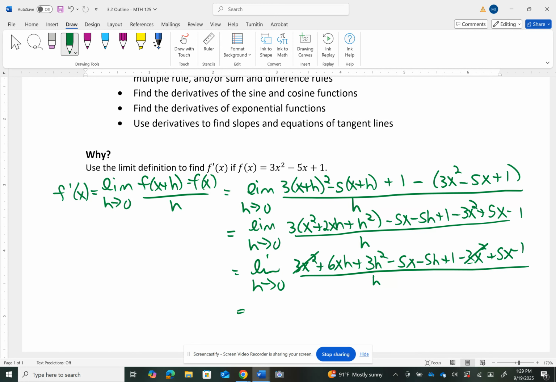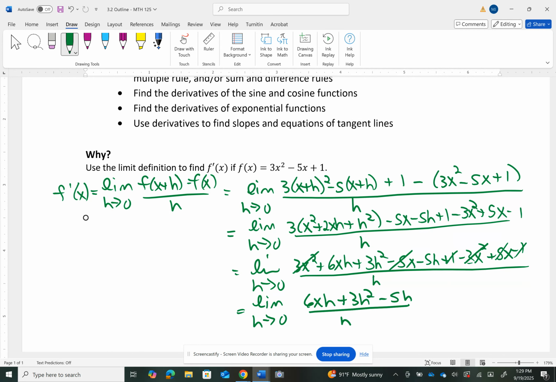And then a bunch of stuff cancels. The 3x squared and the negative 3x squared, the negative 5x and the 5x, and the 1 and the negative 1. And all you're left with are the terms that still have an h in them. The 6xh, the 3h squared, and the minus 5h.